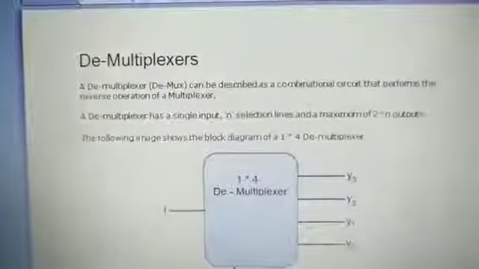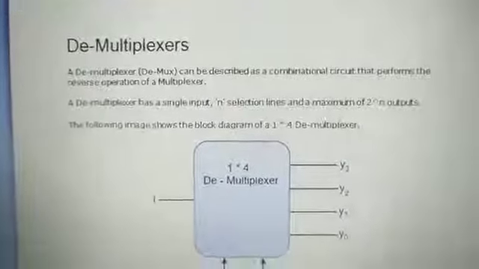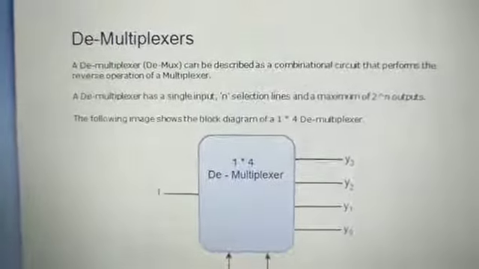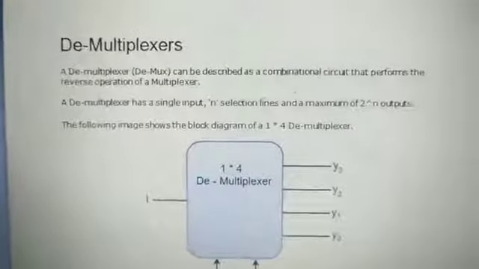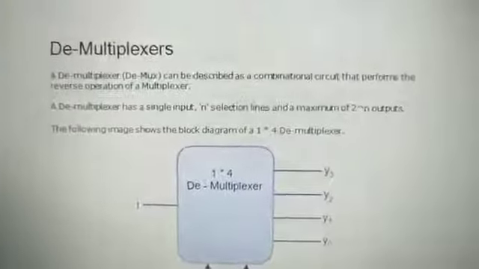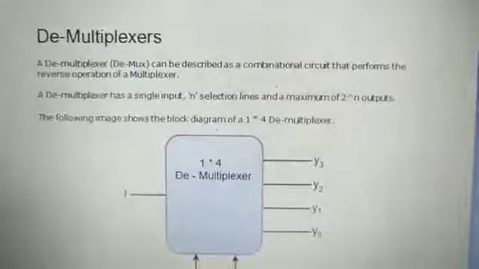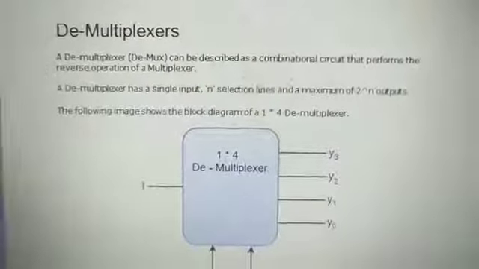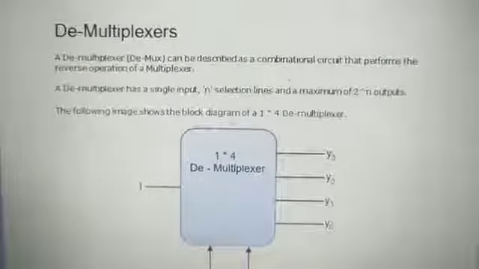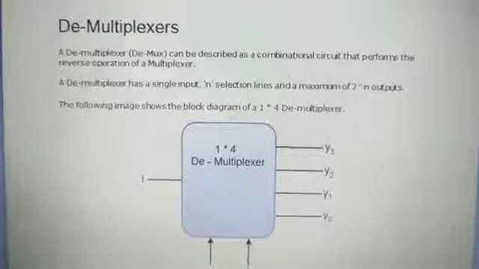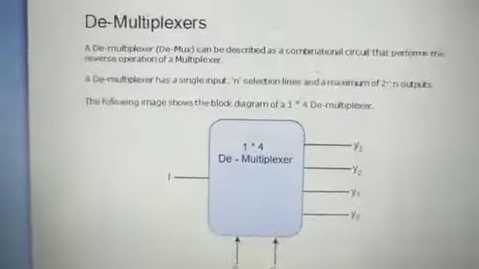We know that a demultiplexer is known as a data distributor, just the opposite of the multiplexer, because a multiplexer is known as a data selector. From several inputs it will select one, but a demultiplexer does the opposite operation. From the one information it will transfer to the multiple outputs. So that's why it is called a data distributor.